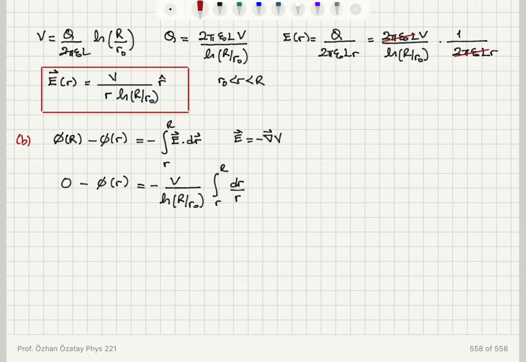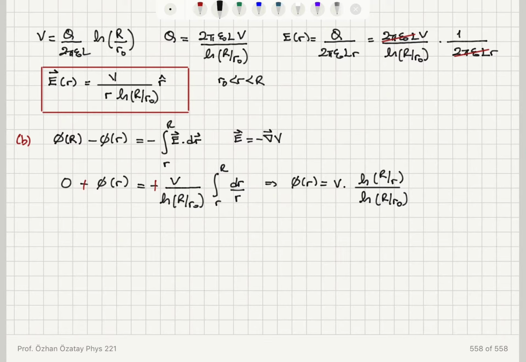Once again, my minus signs will cancel here, and I will find that the potential as a function of r is given as V times natural logarithm of capital R over r divided by natural logarithm of capital R over R0. So this is what I will find for the potential as a function of r.